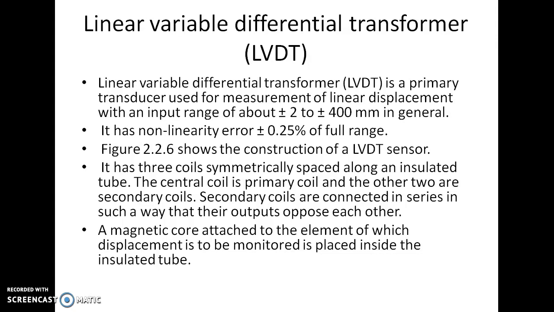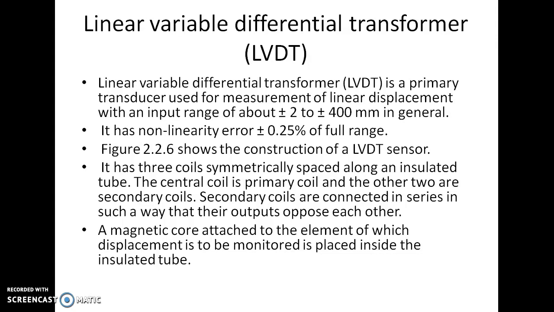Now we will see the construction of LVDT. It has 3 coils symmetrically spaced along an insulated tube. One insulated tube will be there, in which three coils are present: 2 secondary coils and 1 primary coil.